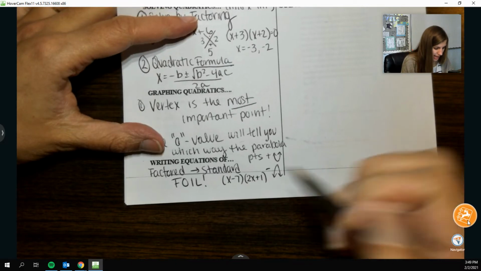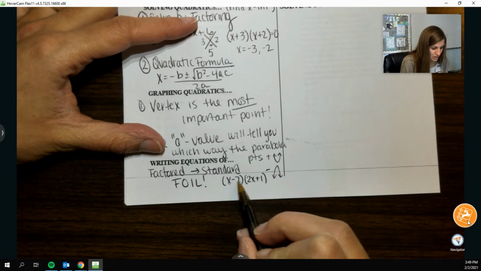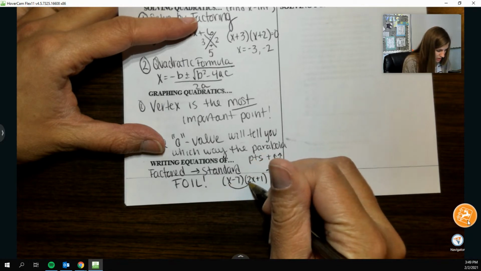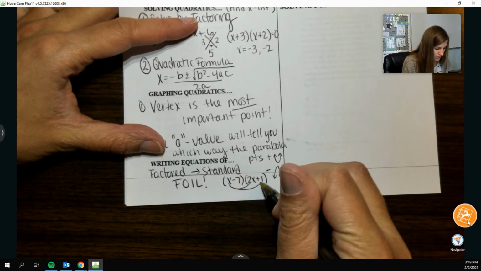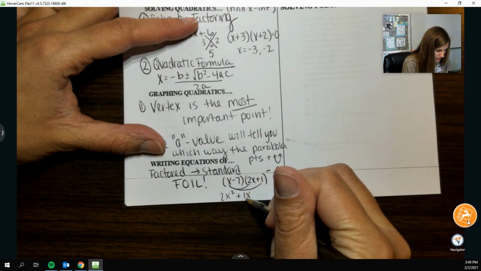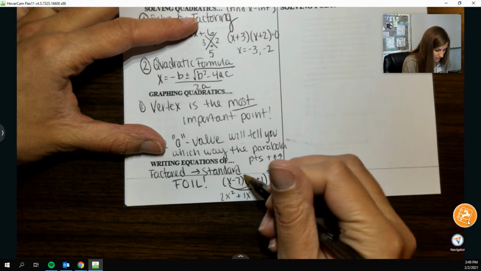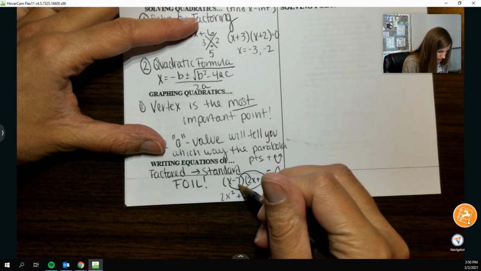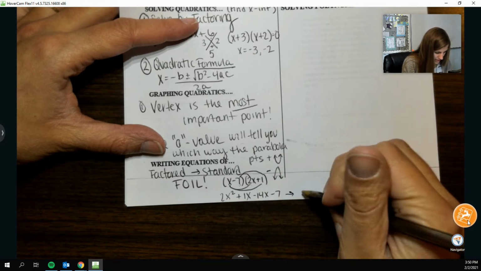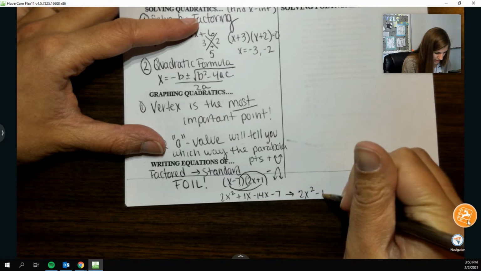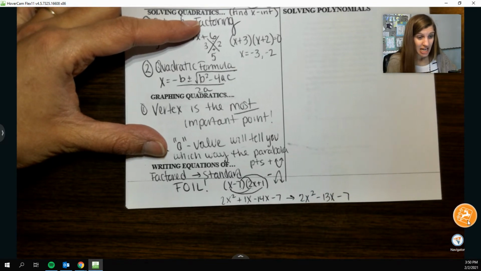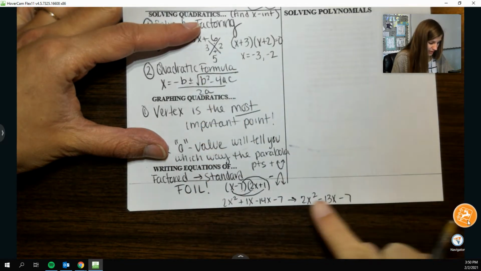But I always just think I have to make sure that each of these numbers here gets multiplied by each of those numbers there. So I have to do the x with the 2x and the x with the 1. So 2x squared and then 1x. Then I have to do the negative 7 with each of the numbers over there. So negative 7 times 2 is negative 14x, and then minus 7. We combine like terms for 2x squared minus 13x minus 7, and oh my goodness, we could factor it like I was doing up here and get all the way back to that.